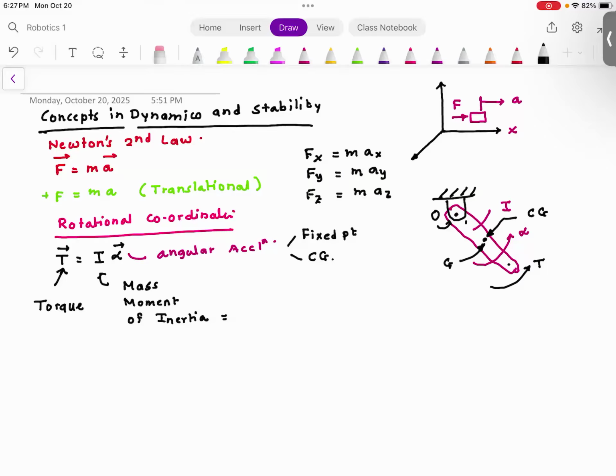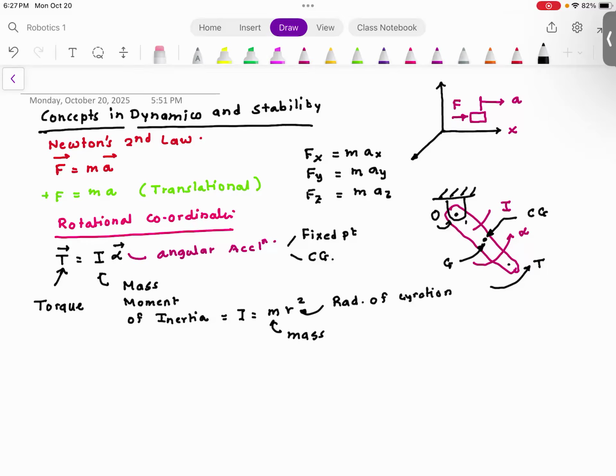So for an example, mass moment of inertia is given by an expression which is defined as I is equal to mass times the radius of gyration squared.